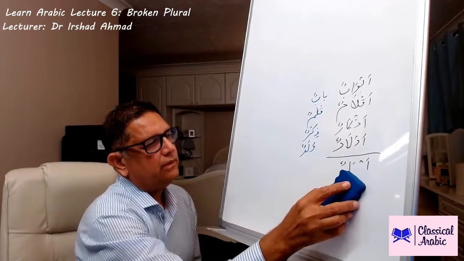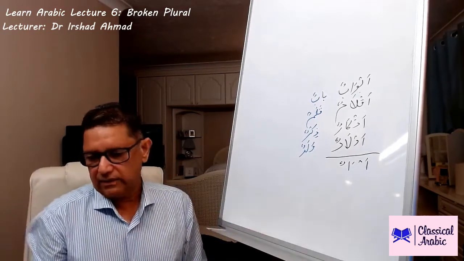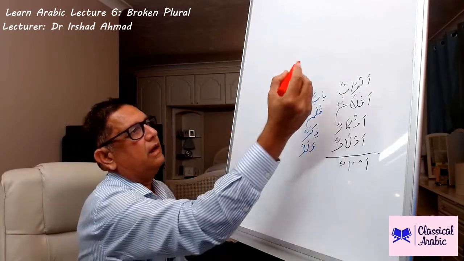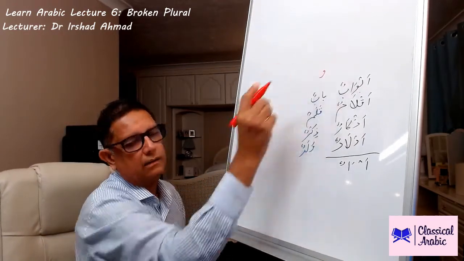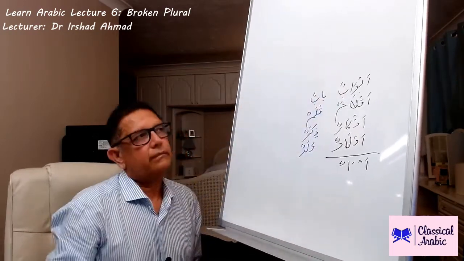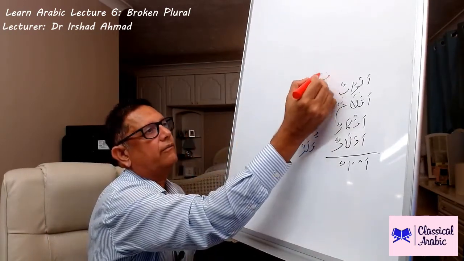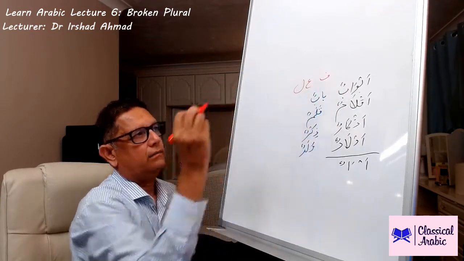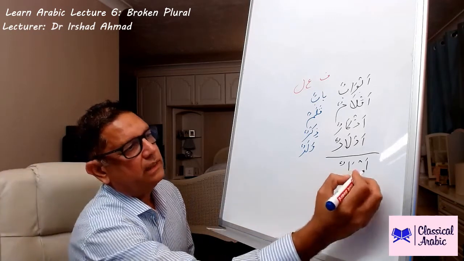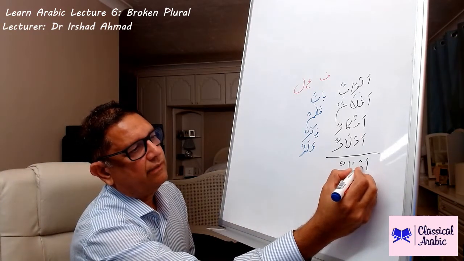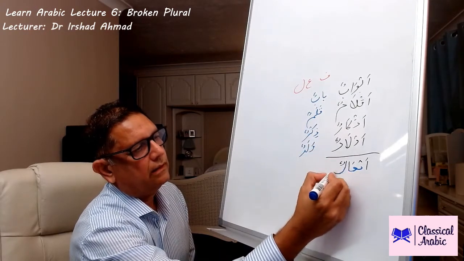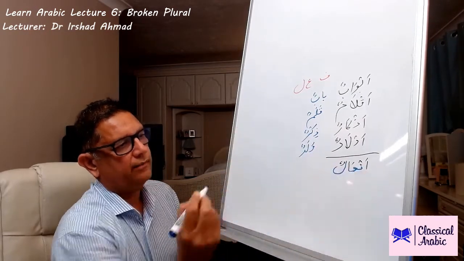Now what we do is that we fit our generic root in it, which is fa ain lam. We're going to fill in the blanks with that. So that will be fa, ain and lam, fa.